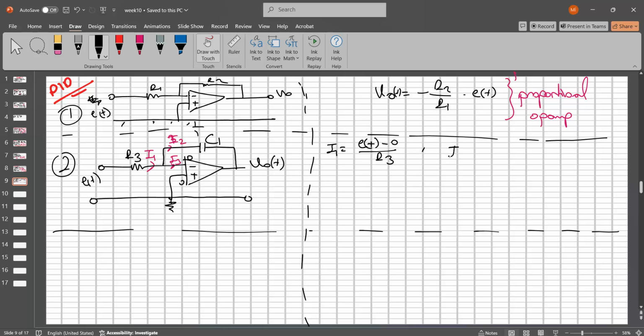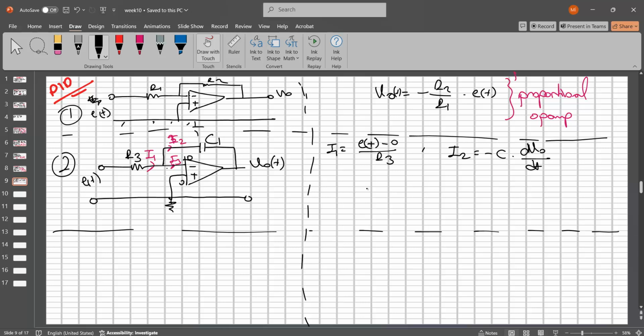And so what is the I2? No, this is minus C times dV0 dt, because this is 0 and 0 minus V0 is equal to minus dV0 dt times C, right? This is the simple equation. Okay?